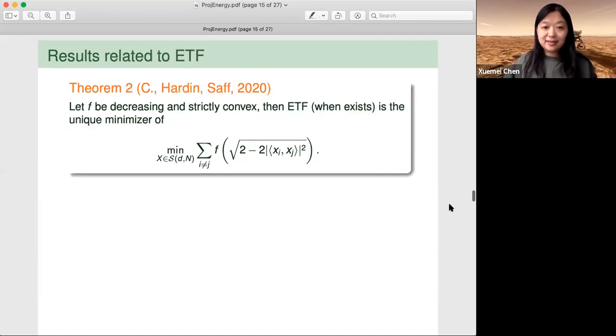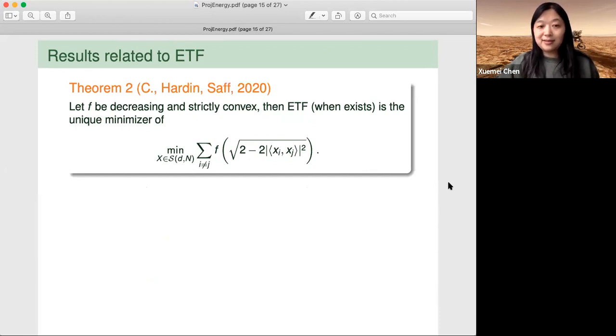And next, another good beginning would be going back to ETF. So hopefully we can at least find ETF by minimizing these frame energies, if ETF exists, and that is the case.